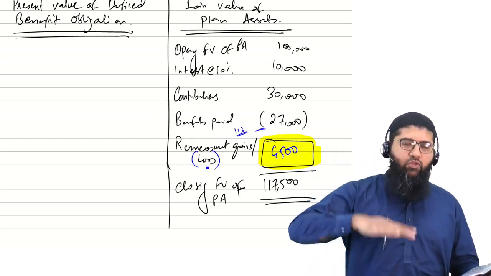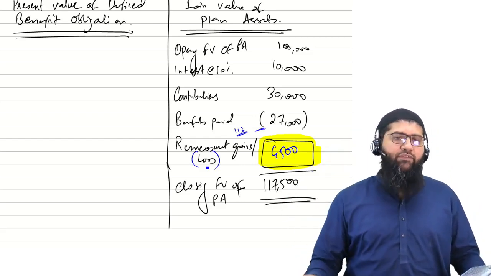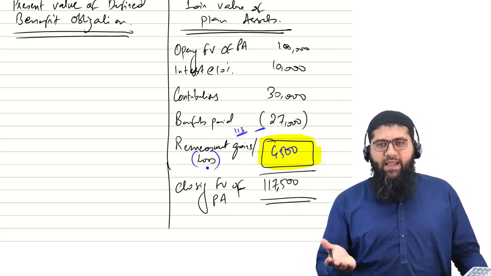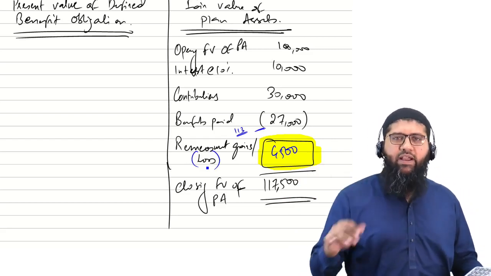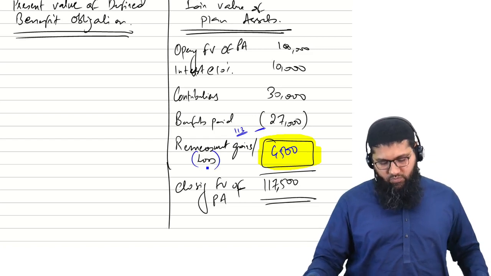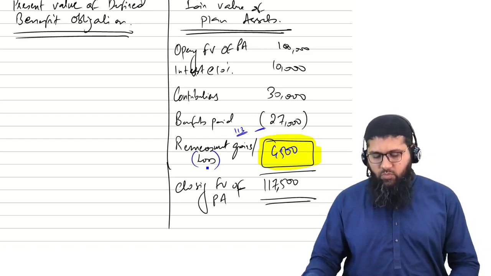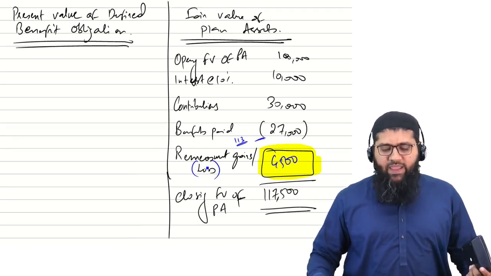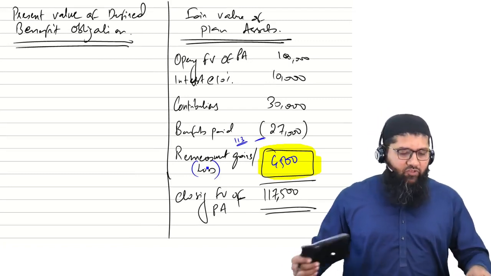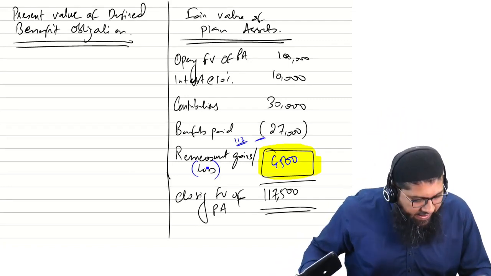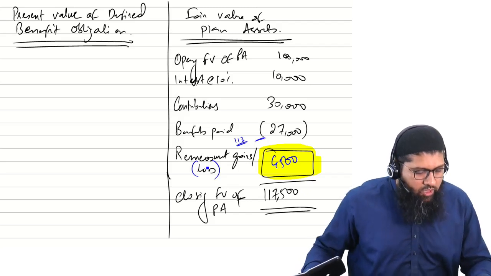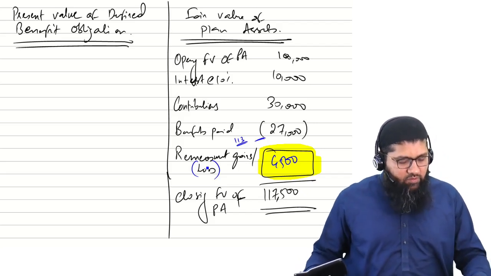The values of assets have increased by 4,500. So the one thing that you have to do is that you have to actually reconcile the plan assets. I repeat, you got to reconcile the plan assets.